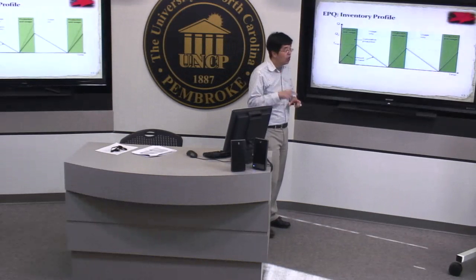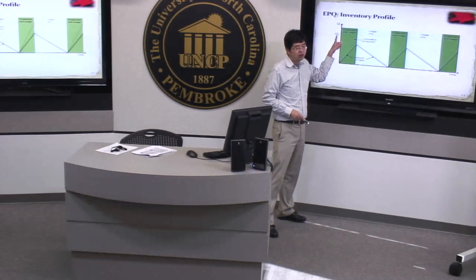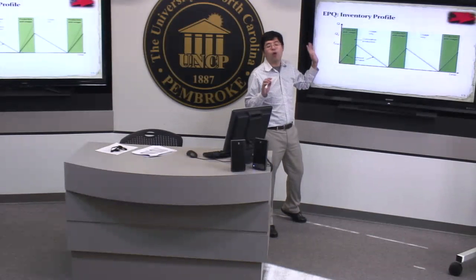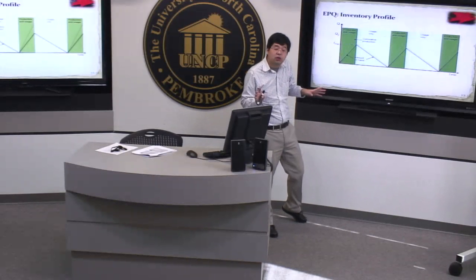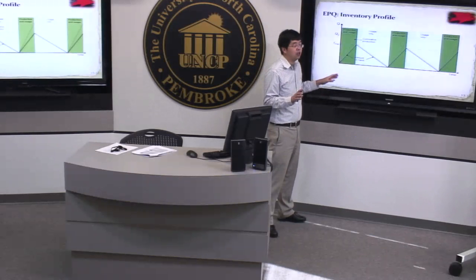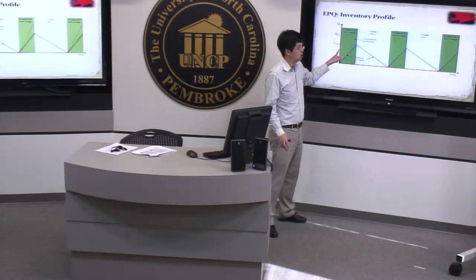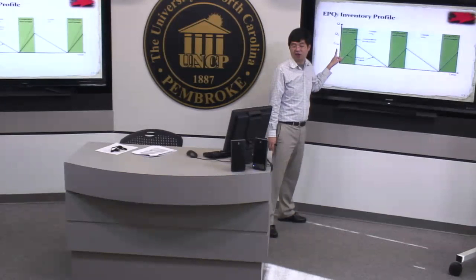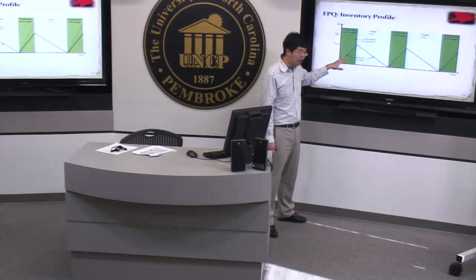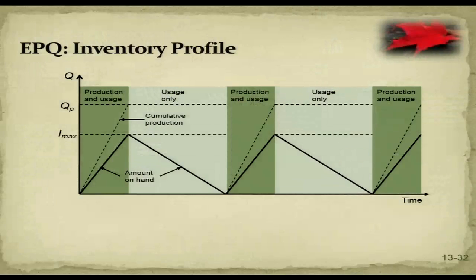And think about Q: this Q itself will not affect our cost. The most important thing affecting our cost is inventory level. But inventory level is not an independent variable. It's dependent on production rates and demand rates.